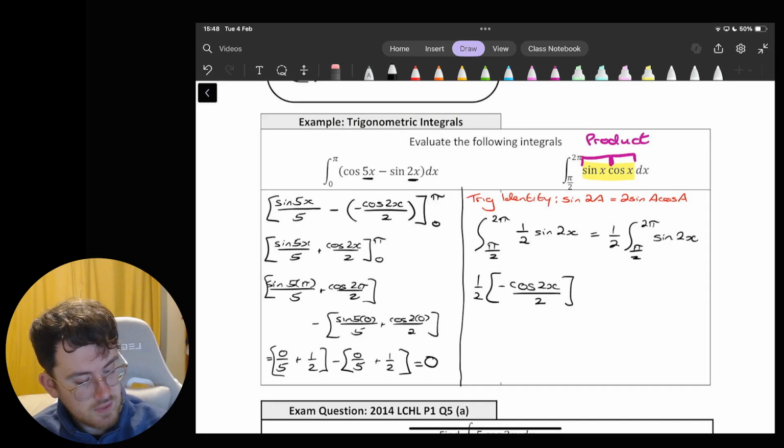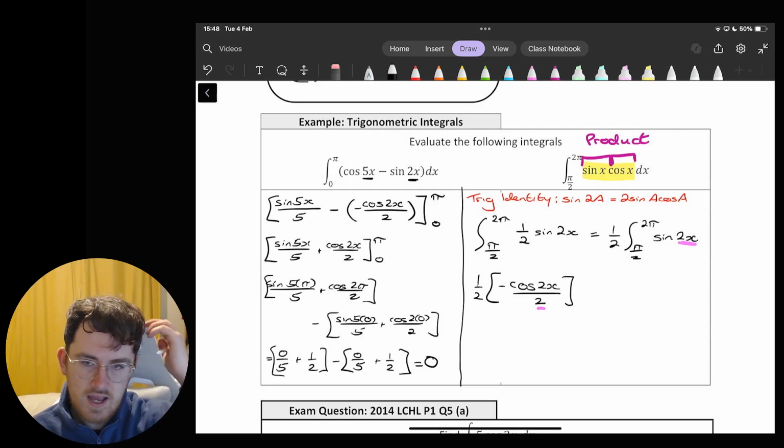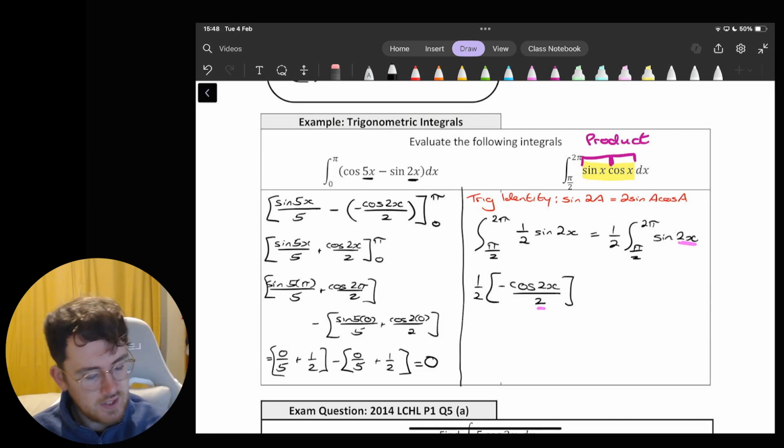Okay, and dividing by 2 there, because that is the derivative of the angle part. Okay, so sine goes to minus cos, so keep the function, so minus cos 2x, keep the angle the same there, and then we look at the angle itself. So 2 parts to consider there.